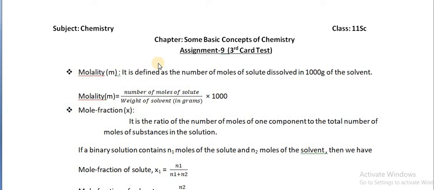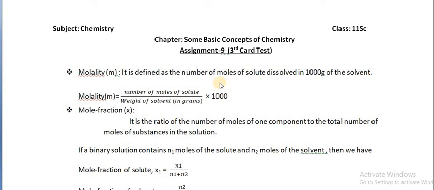For example, molality. The previous term that we discussed was molarity, and this is molality, and it is denoted by small m. It is defined as the number of moles of solute dissolved in 1000 gram of the solvent.